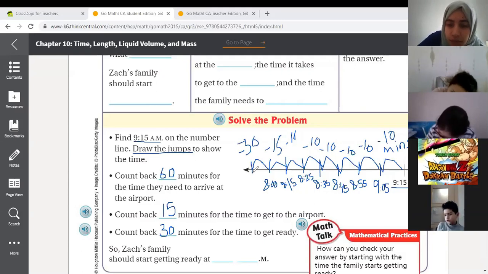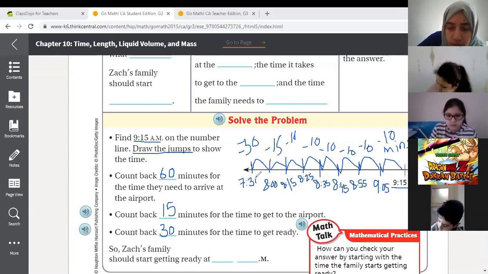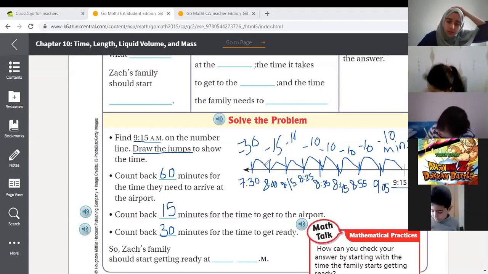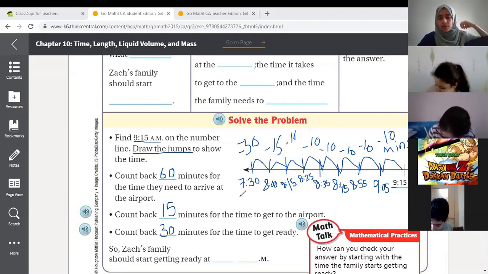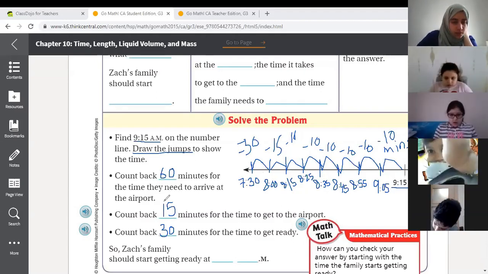So we need to go down an hour, 8 minus 1, and subtract 30 minutes. So the timing here will be 7:30. So this is where we finish because we subtract all the elapsed time.